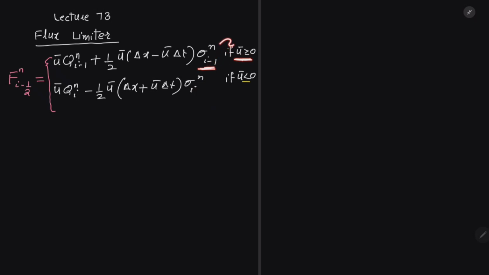Then replacing this slope with other formulas, you get, for example, the Lax-Wendroff or Beam-Warming method. So for the flux limiter, there are two terms. One is the slope limiter. Slope limiters mean you just work in slopes. Flux limiters mean we will see how this will be replaced with some other variable.